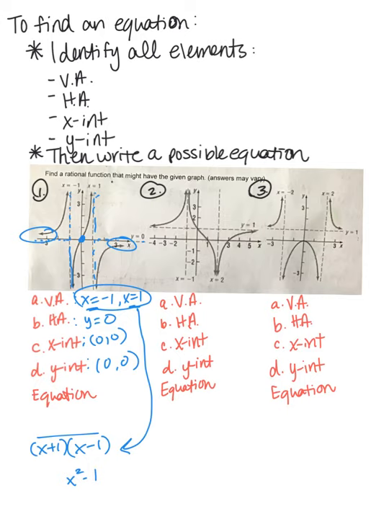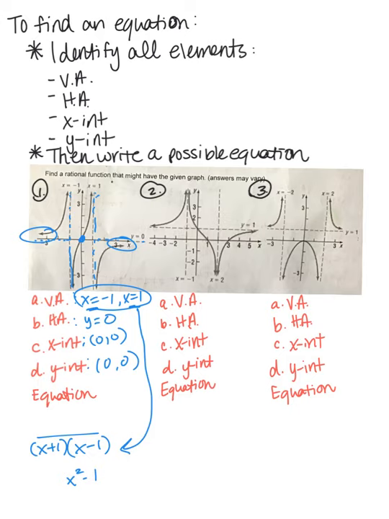If I'm looking at the numerator, the only thing that's really going to help me out in the numerator is to know that the x-intercept and the y-intercept were both 0. So the way I'm going to get 0 is if I get a 0 in the numerator. What that means is that I need to have only a variable in the numerator.